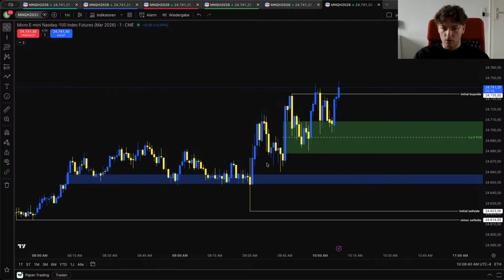So ICT went long in here, and took it long from here to here. Took a partial stop loss below the midpoint.